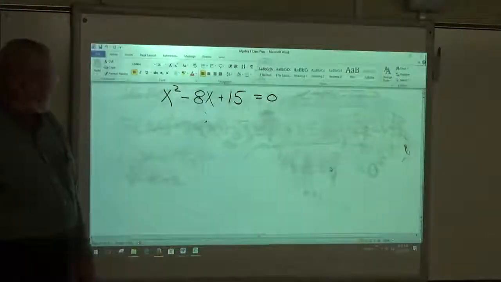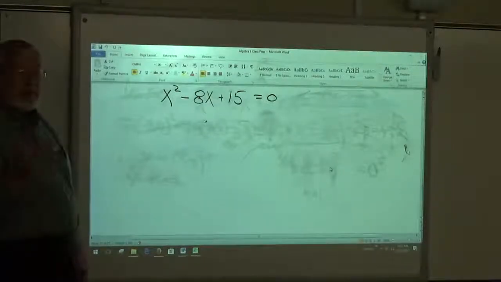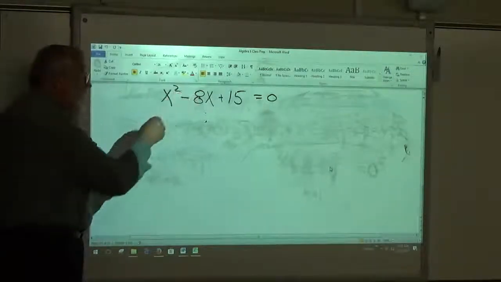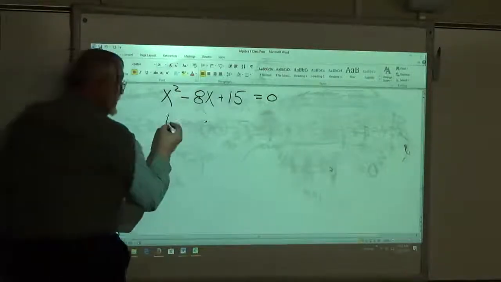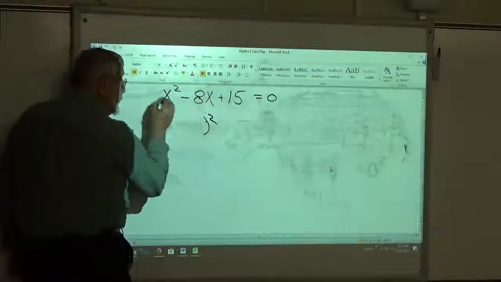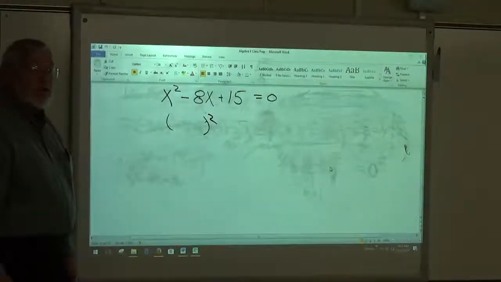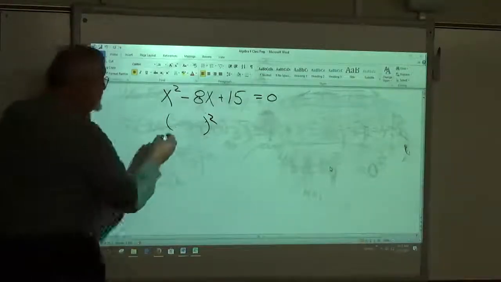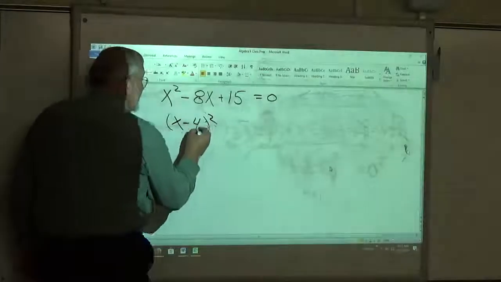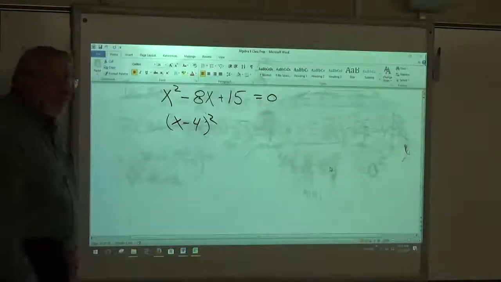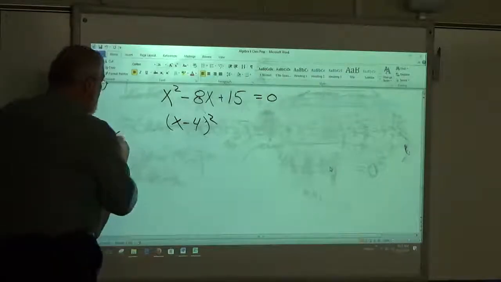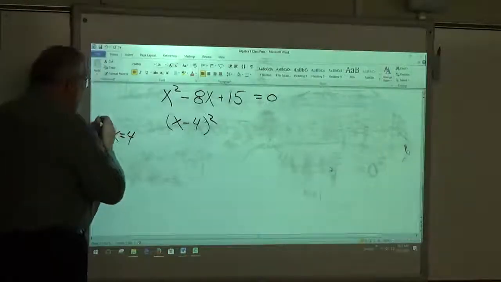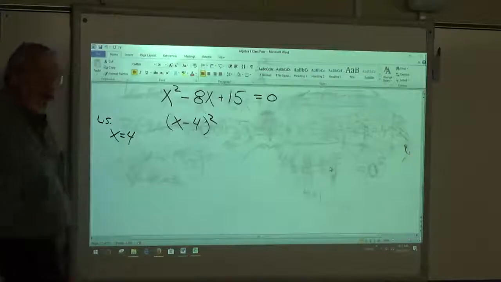Okay. Now, tell me, how do you create the vertex form from here? Because this is a 1, half the 8, which is x minus 4. Right? Now, what does that tell you about the line of symmetry? x equals 4 is the line of symmetry.